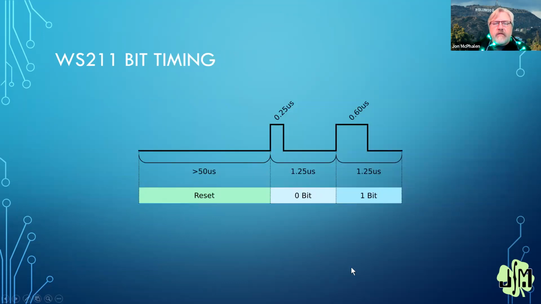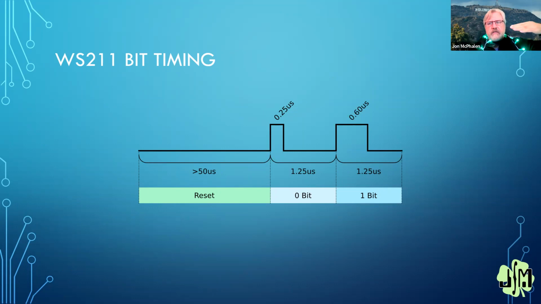Here are the timing requirements for the WS2811. The way that these things work, because you've got a whole bunch of these individual chips and you've got an input and an output, is that when the data line is quiet for 50 microseconds or longer, internally the chip resets itself. So it's looking at its input pin.